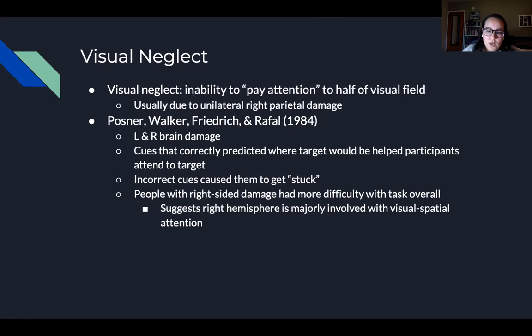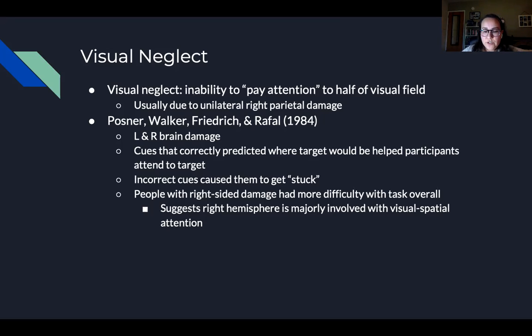And so we've learned a lot about visual attention from cases of people with what's called visual neglect. This is the inability to pay attention to one half of your visual field.